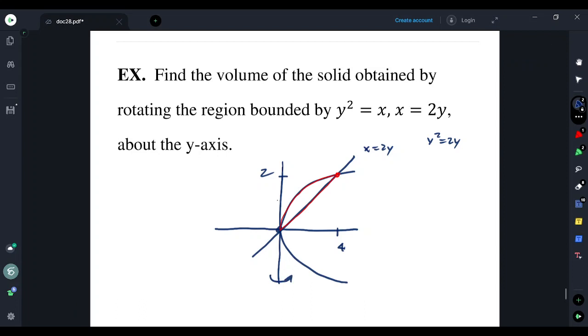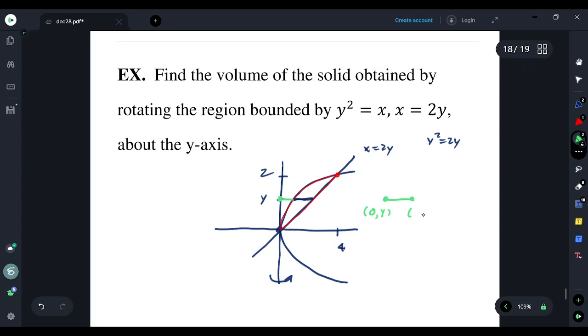So we take any y and look at the cross section of the region. In this case, there is a smaller radius and a larger radius, right? For the smaller radius, we get the coordinates: the left endpoint is at x equal to 0 and y at y.